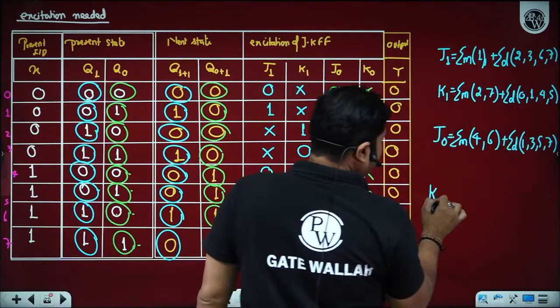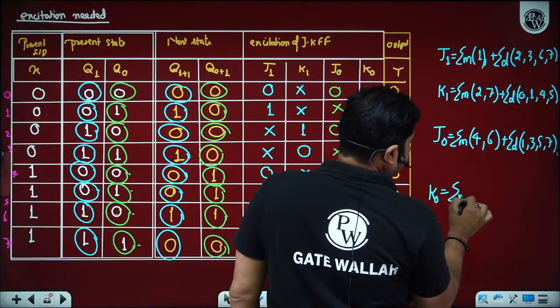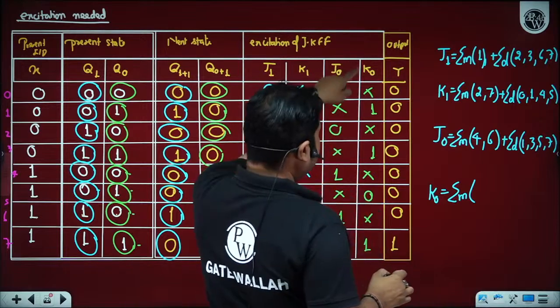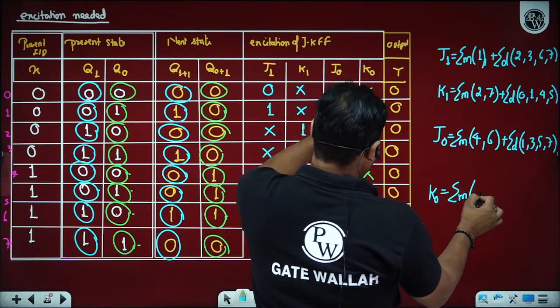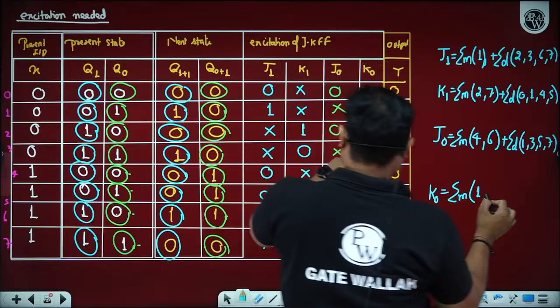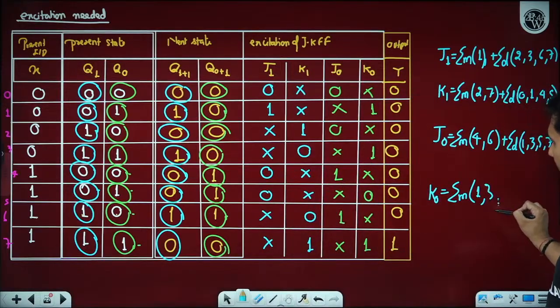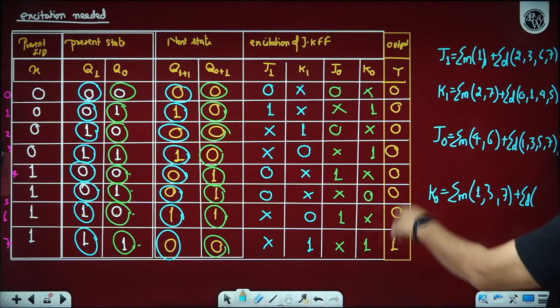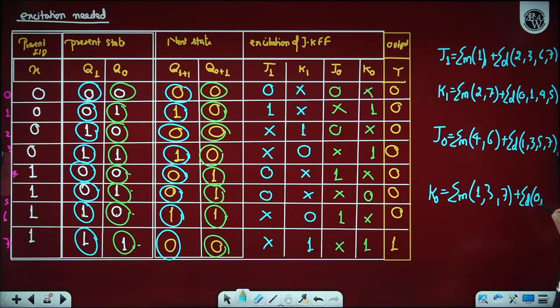In the same way, we can write for K0 as well. For K0, we are getting 1 at the binary of 1, 3, 7. And we are getting don't cares at 0, 2, 4, 6.